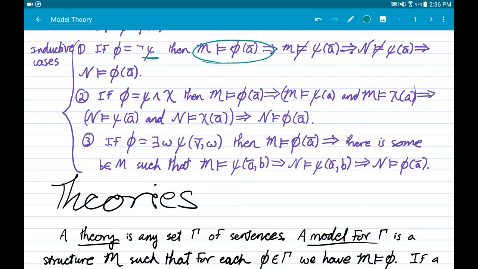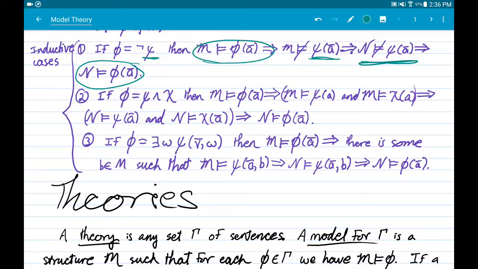We now have a less complex sentence because we've peeled off a negation. So because we have a less complex sentence, the inductive hypothesis kicks in. We know that we can transfer from M to N and get that N does not satisfy psi, and therefore by definition of phi as the negation of it, and by definition of satisfaction, we get that N does satisfy phi.